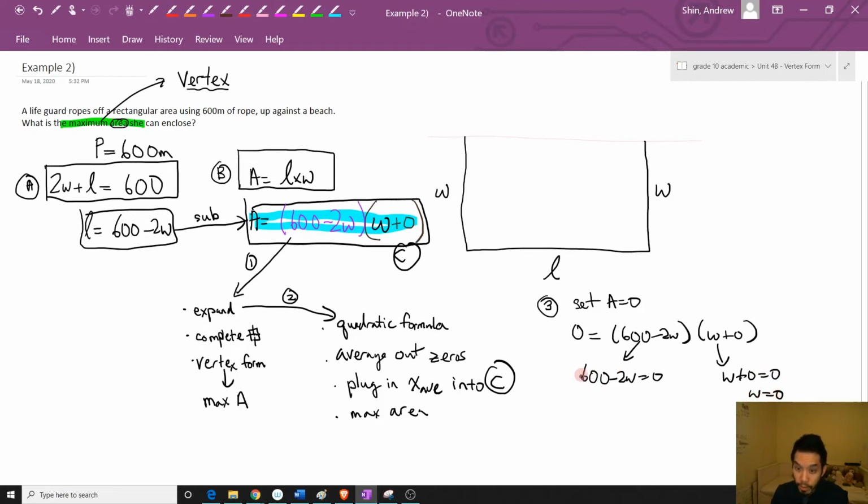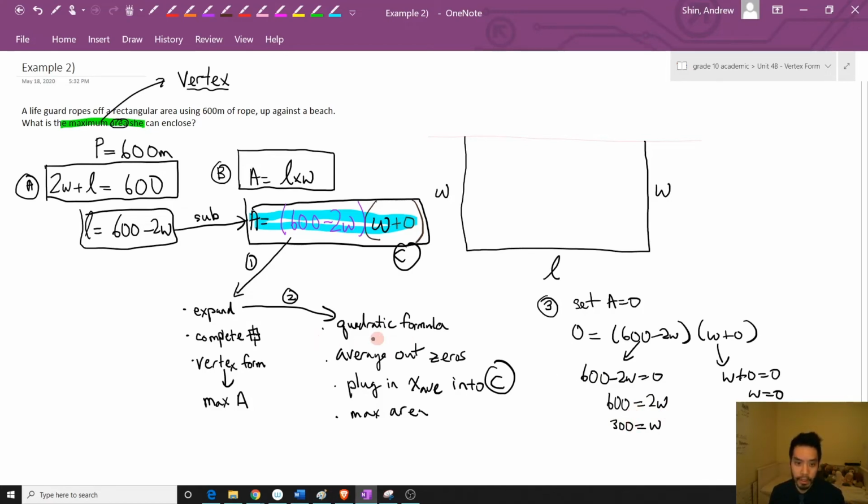In this case, we can now isolate for w. I'm going to move this to the other side, so it becomes plus 2w. And w equals 300. And so we have both the zeros here.